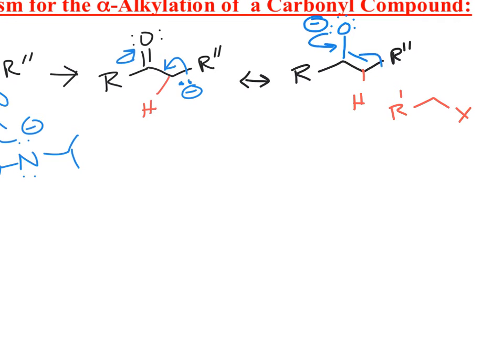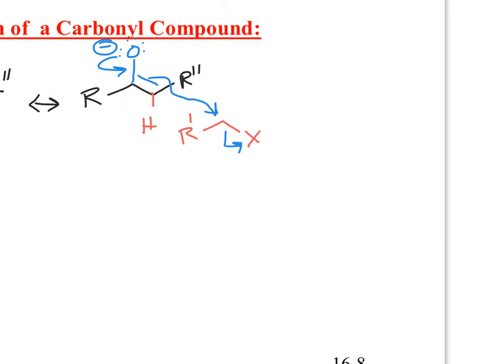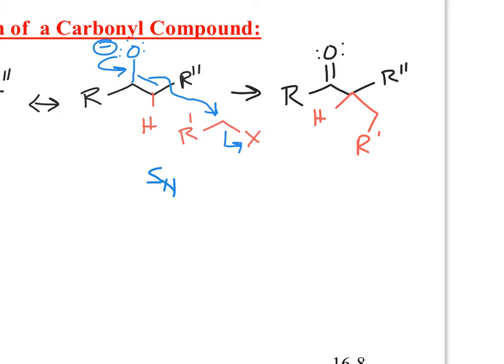Swing down, does an SN2 reaction, kicks out X, giving us our final product, as such, or as so. And again, this is an SN2 reaction.